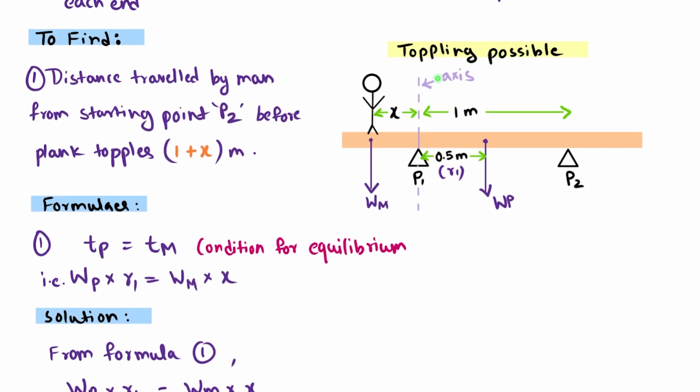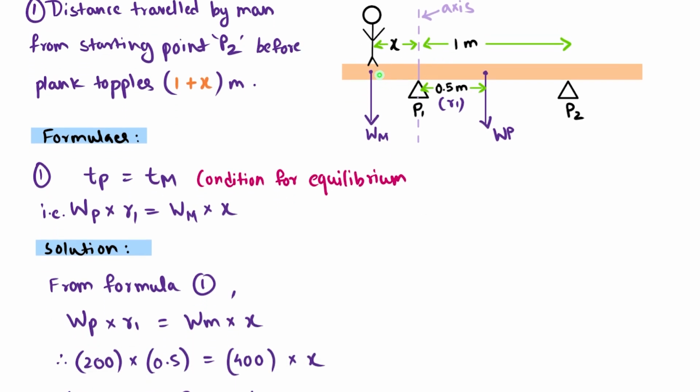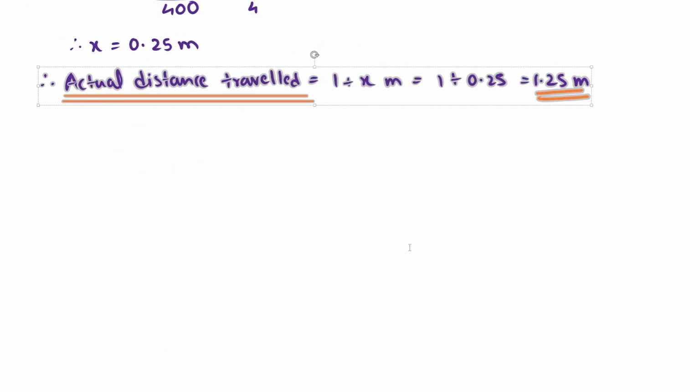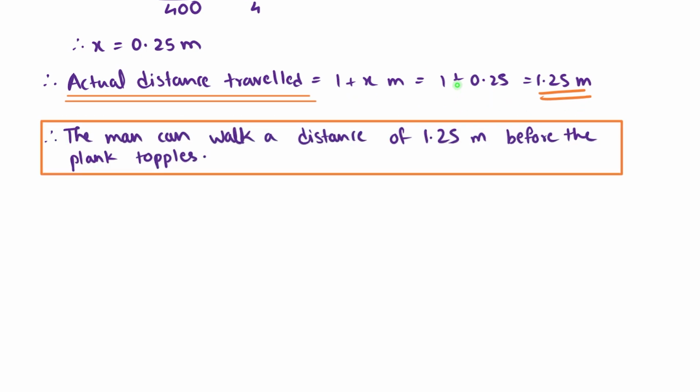So x basically represents that after pivot P1, our person can walk up to a distance of 0.25 meters. But beyond that, if the person takes even a single step, this plank will topple. So the maximum distance would be this distance plus this distance, so the actual distance is 1 plus x, which is 1.25 meters. So this is the desired solution.